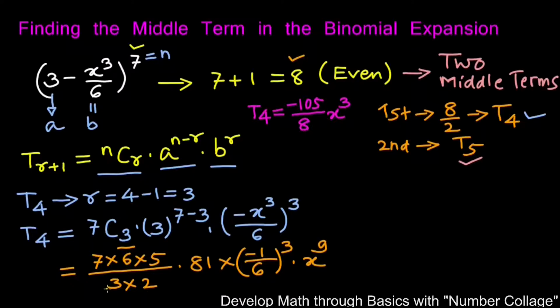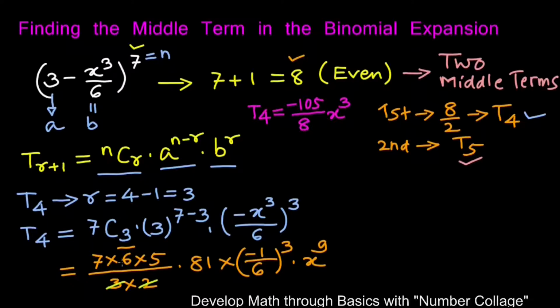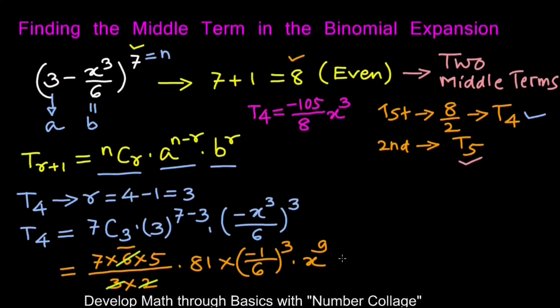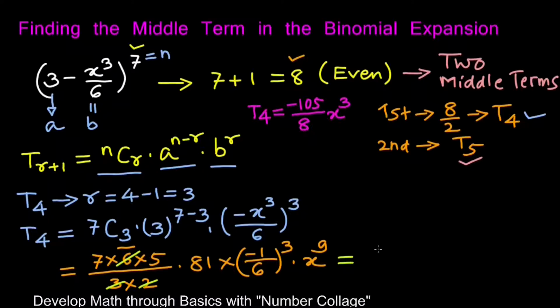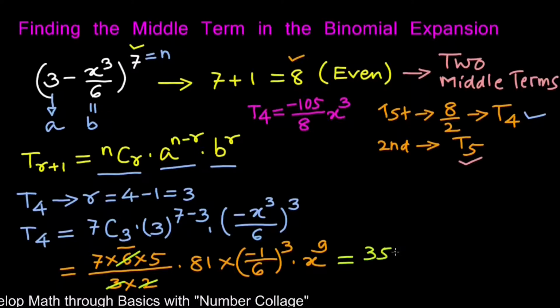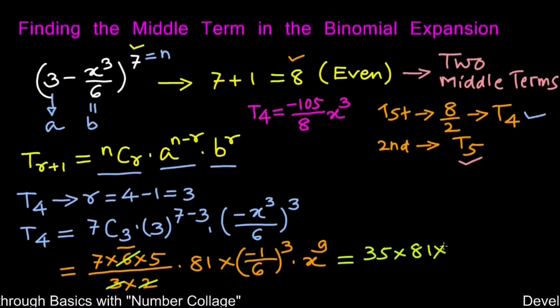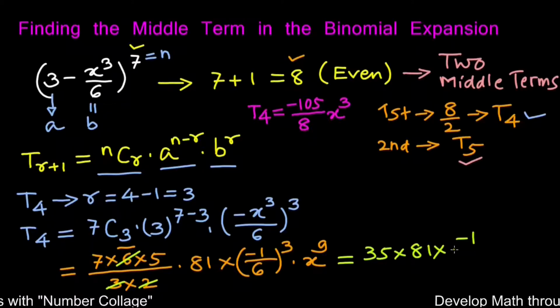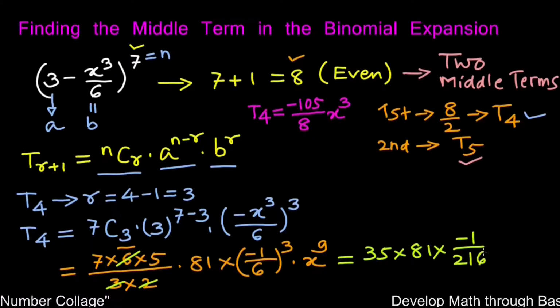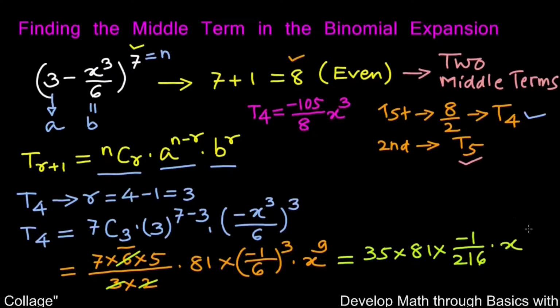Now here 3 2s are 6, which cancels with this 6, so it will be 7 5s are 35 multiplied by 81 multiplied by minus 1 by 6 cube, which will be minus 1 upon 216, multiplied by x raised to 9.